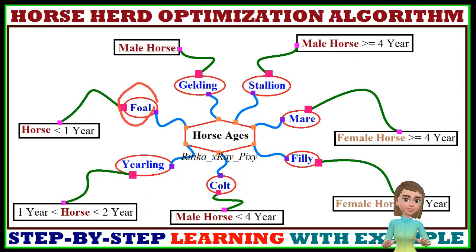Colt is the male horse less than 4 years old. Filly is the female horse aged less than 4 years. Mare is the female horse aged greater than 4. Stallion is the male horse aged greater than 4.